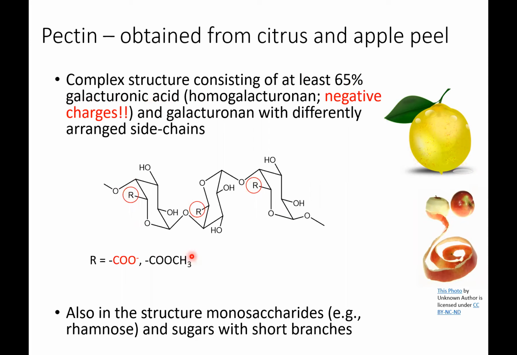Some of them are also methylated. It is obtained from the peel of fruits, which is kind of a nice source because usually the fruit itself is made into jams and jellies and applesauce and whatnot, and the peel is left over. So it's kind of a nice use of the waste product.